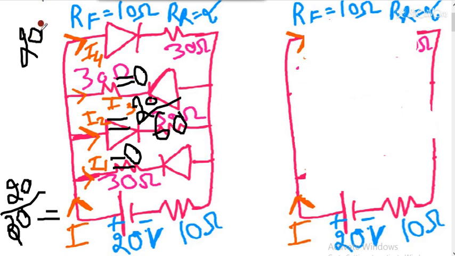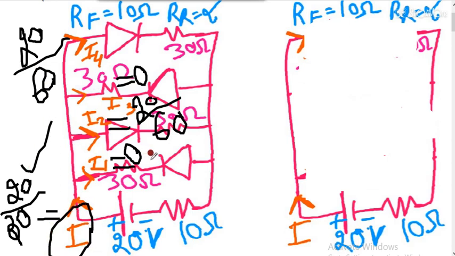So students, you can note down the answer. What is the answer for these questions? Total current I is equal to 20 by 30. I1 equal to 0 because it is reverse biased. Then I2 equal to 20 by 60, half of the total current because the resistances are equal.